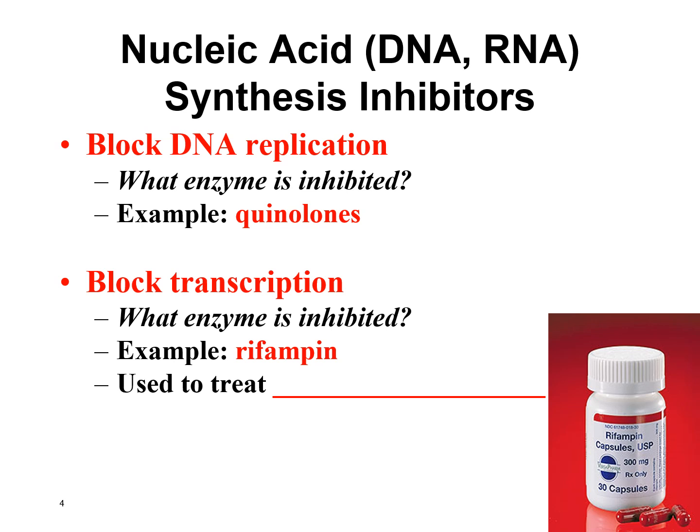All right, our next group of antibiotics will inhibit nucleic acid synthesis. And we've got ones that will block DNA replication. And these are the quinolones. The enzyme that they inhibit is topoisomerase.